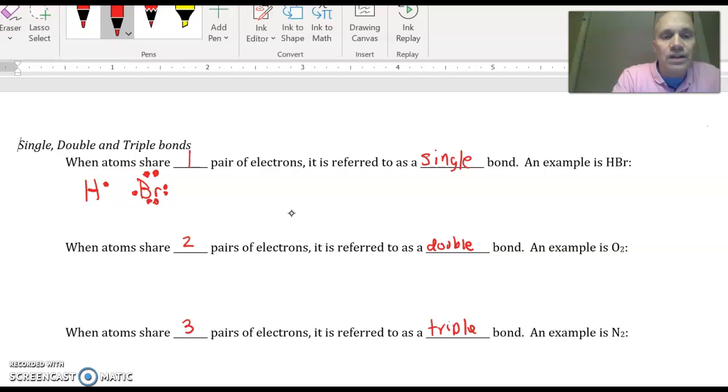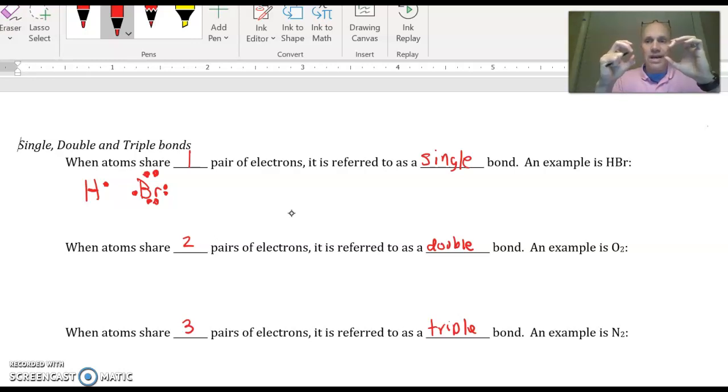Notice the way this is drawn. You can tell that these guys right here are the unshared pairs, and this guy right here is the single electron. The term I use for any side that has a single electron, I casually refer to as a sticky side, because think of them as being sticky.